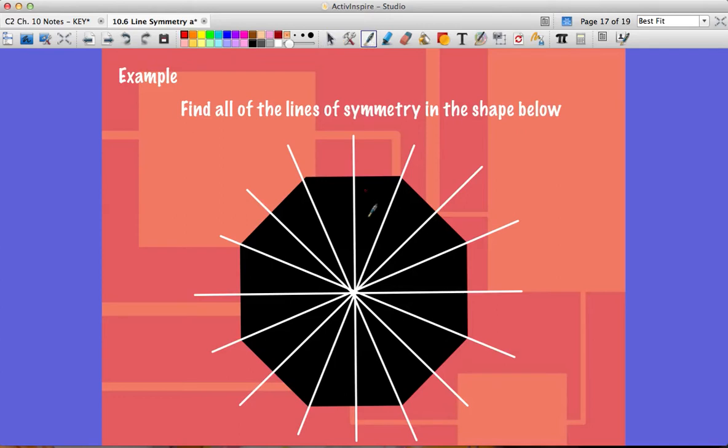So when we count, you really only count half of the way around. So we have 1, 2, 3, 4, 5, 6, 7, 8. If I count this one, I've counted that line twice. So if you counted 8 lines of symmetry, you were correct.